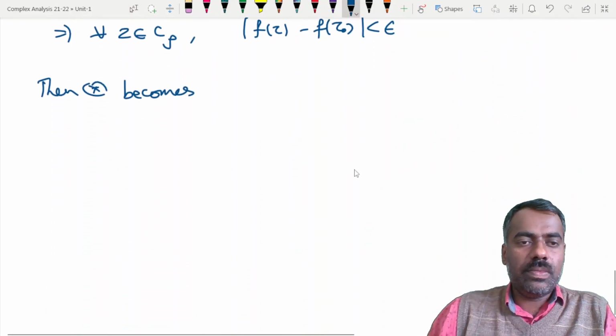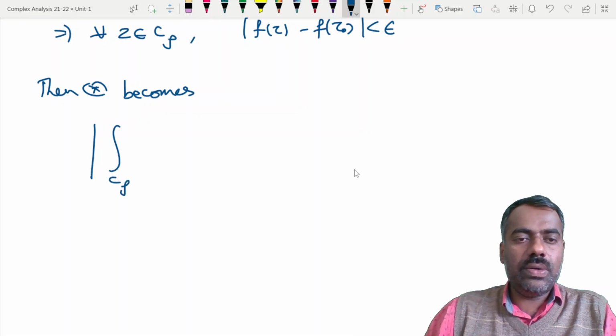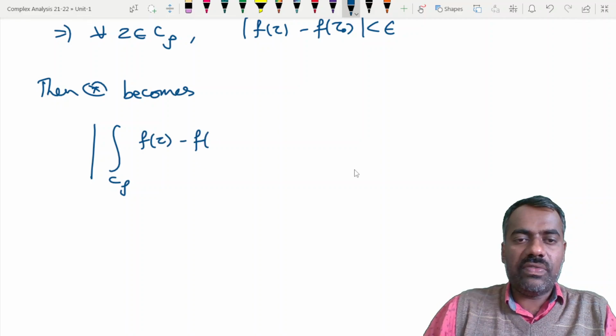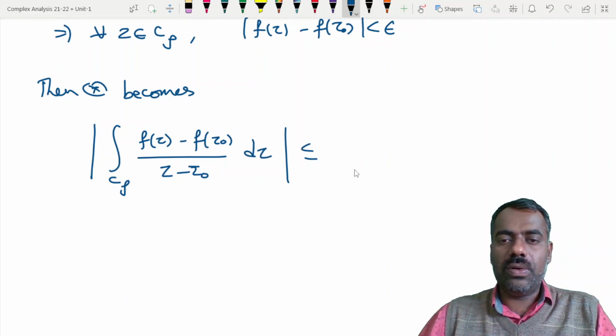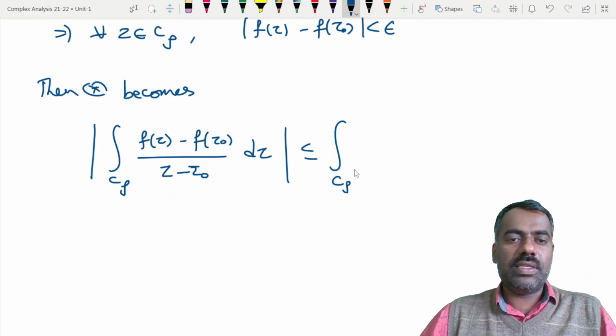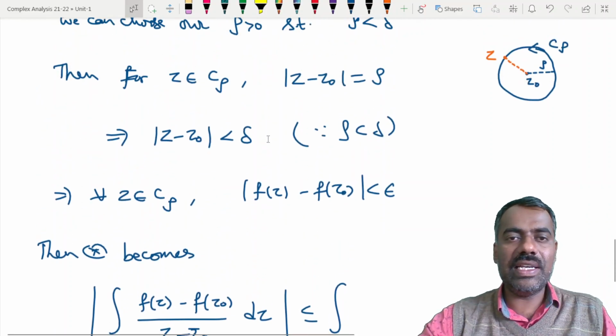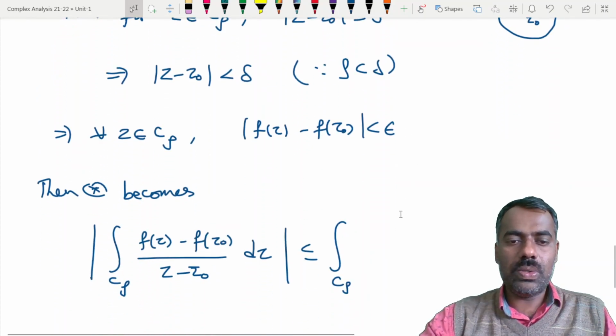So modulus of integration over C rho of the function f of z minus f of z naught upon z minus z naught, dz. This we know is less than or equal to integration over C rho of mod f of z minus f of z naught, which is less than epsilon, and mod z minus z naught is exactly equal to this rho, right?